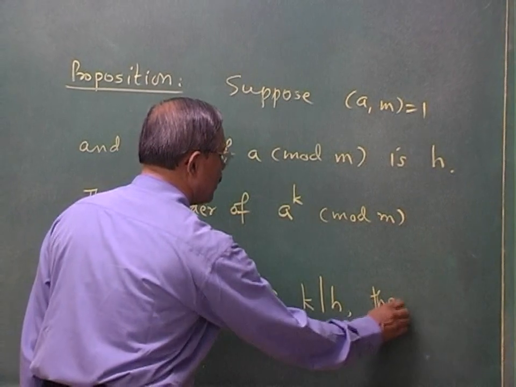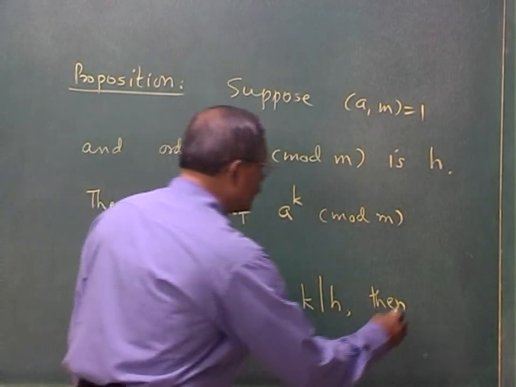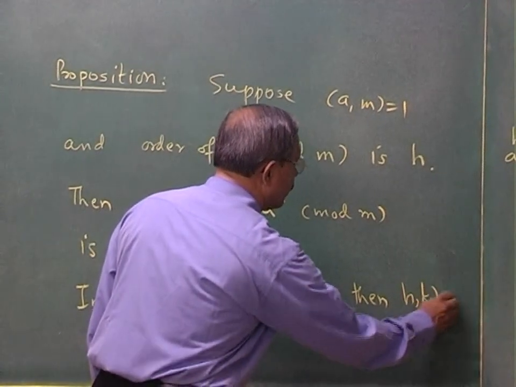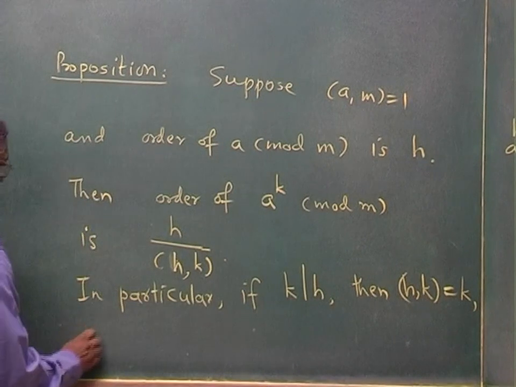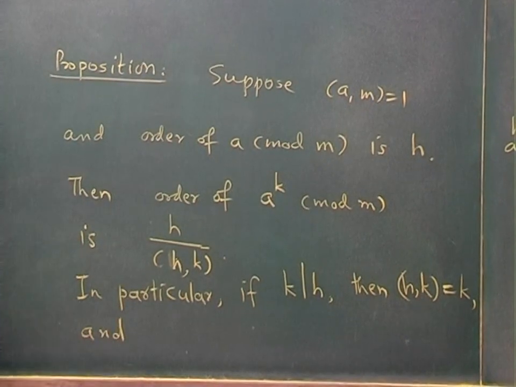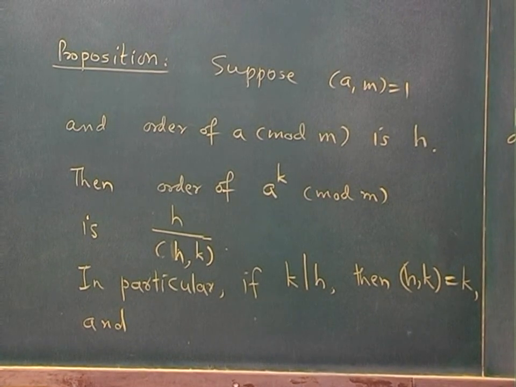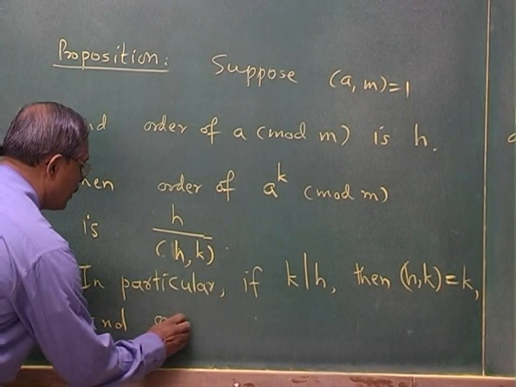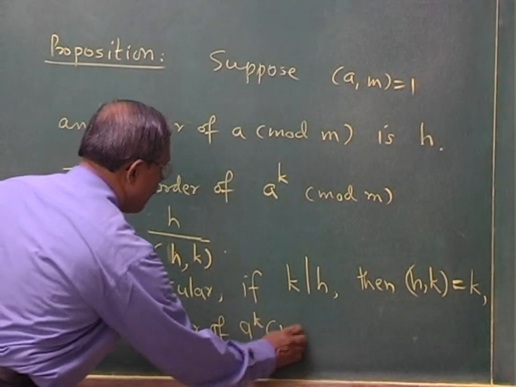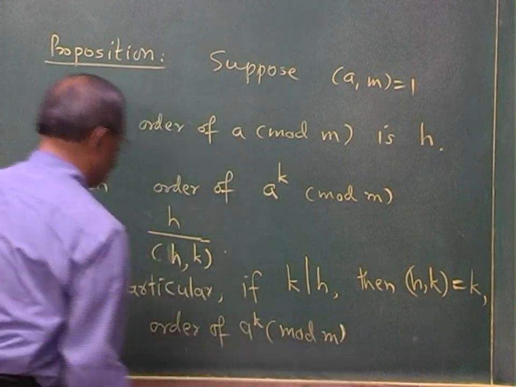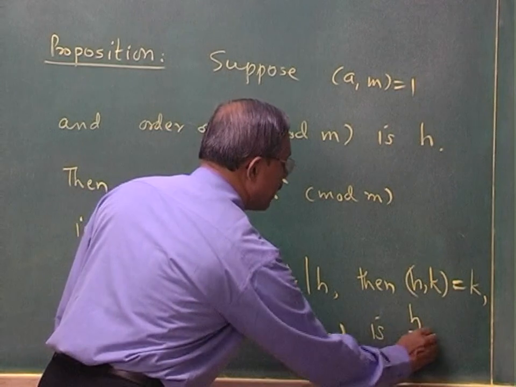Then the GCD of h and k will be k only, and the order of a raised to k mod m will be h by k.